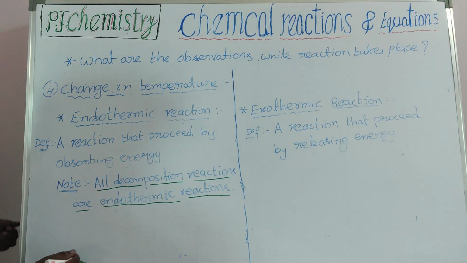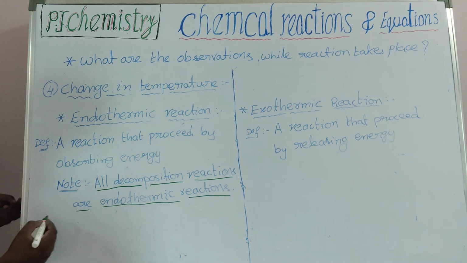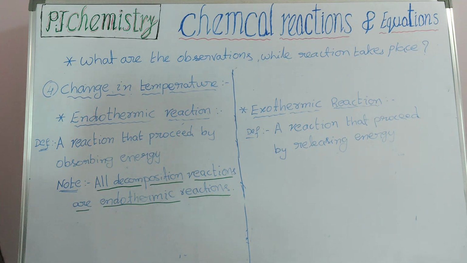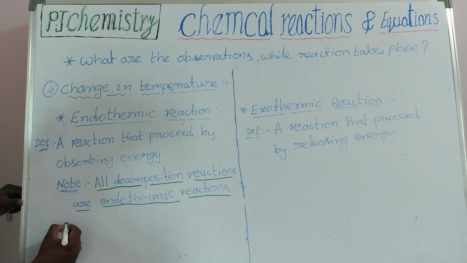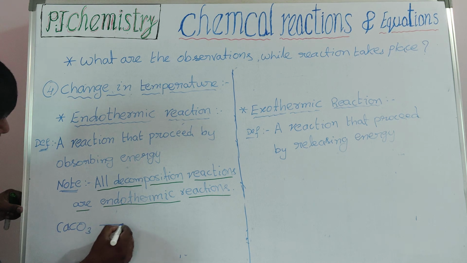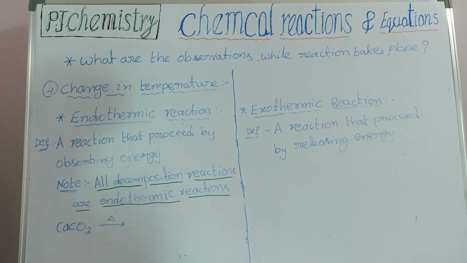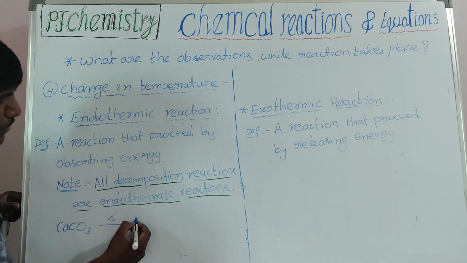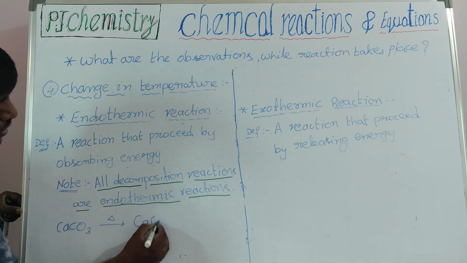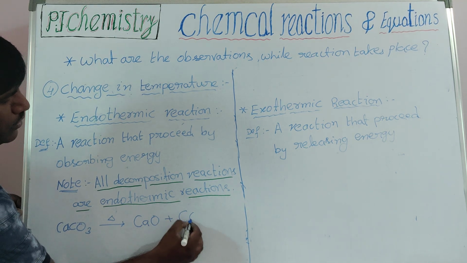Next, we'll go through the examples. For example, CaCO3, a well-known example for everyone. When we give heat, it absorbs heat and gets decomposed into CaO plus CO2.